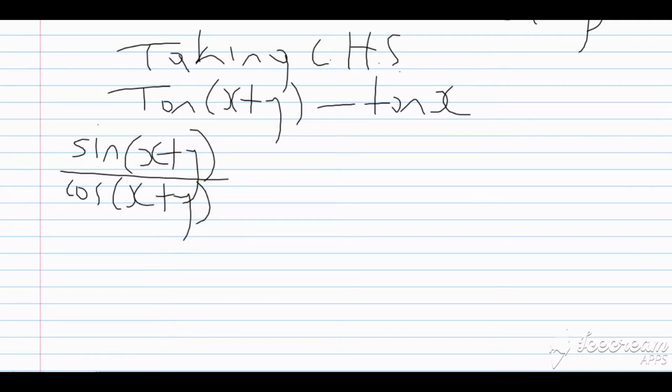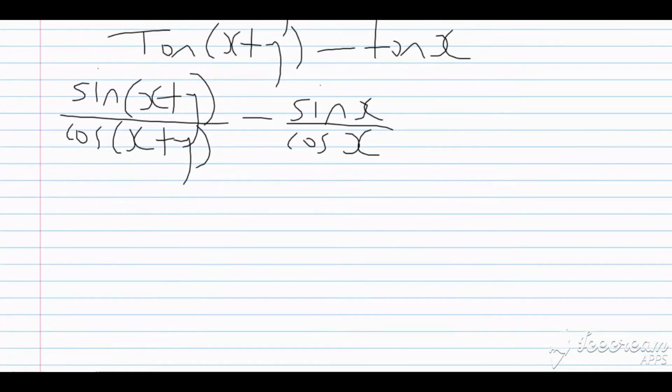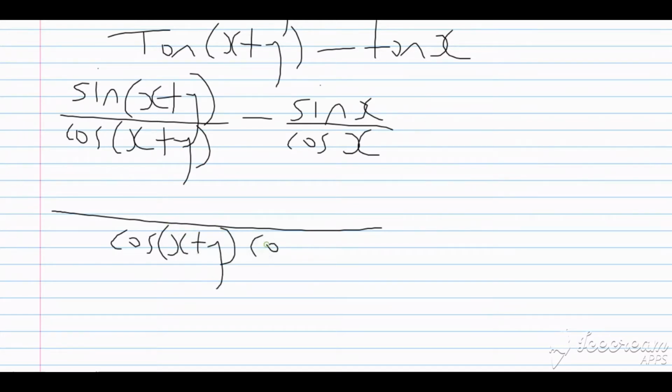And the tangent of x, of course, we can change that out to the sine of x over the cosine of x. These are two normal fractions, and just like with algebra, the approach that we take here is to simplify the fractions by finding the LCM. In this case, my LCM will simply be both of my denominators here, which I can write as the cosine of x plus y times the cosine of x.